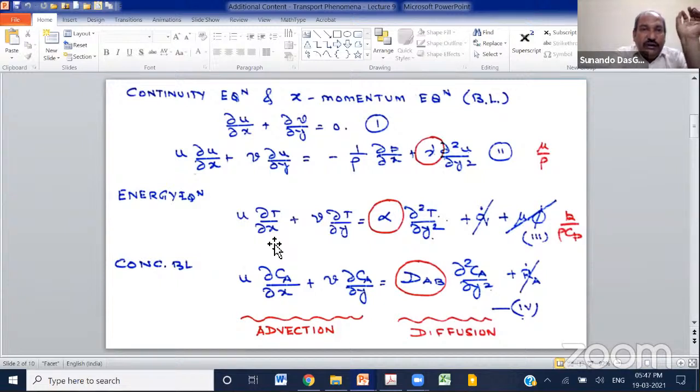If we probe further, we would see that some dimensionless groups appear automatically in those equations, and for specific values of those dimensionless numbers, the equations will turn out to be identical. So the solution of one process, let's say temperature, can be simply used as the solution of concentration distribution.